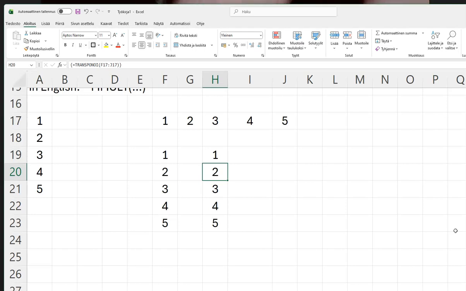I press the delete button, and it tells that you can't change part of a matrix in Excel. Because these are written with the transpose command, you can't take anything away from that. But here these numbers, which look exactly the same, are only copied and pasted. So in this case I can take them away if I like. There is no problem here. But this is a matrix command, you can't take these away.